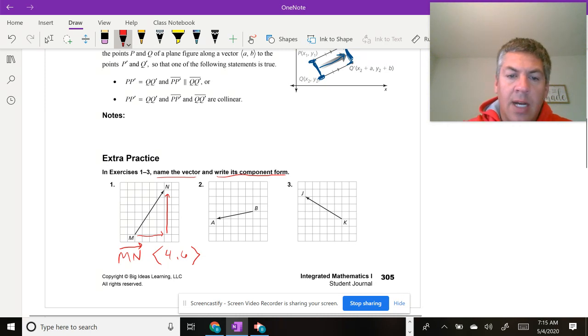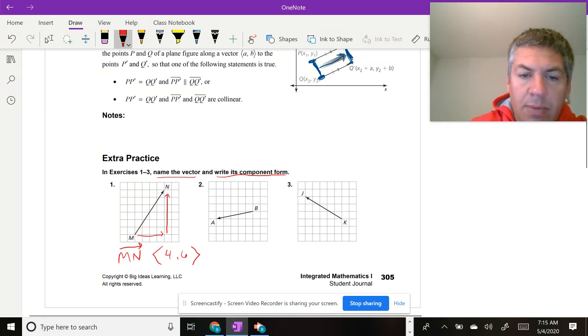All right. Now for this next problem, problem 2, notice that A normally comes first in the alphabet, but in this case, A is the terminal point because it ends in the arrow. B is the initial point. So we're going to actually name this vector BA so we can move in that direction.